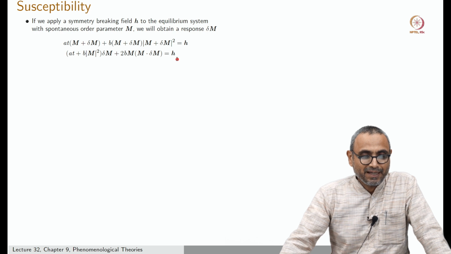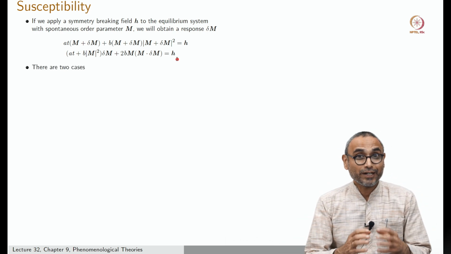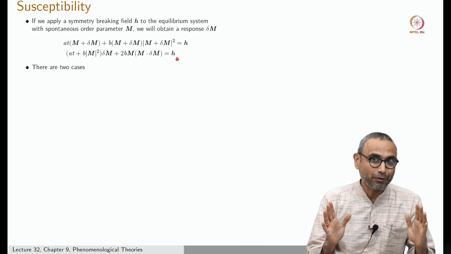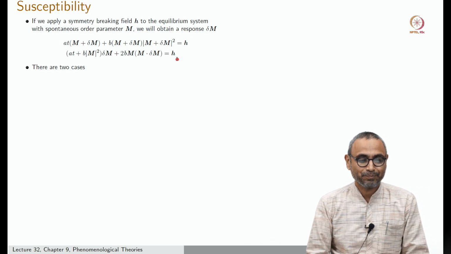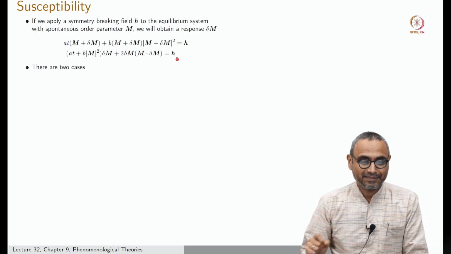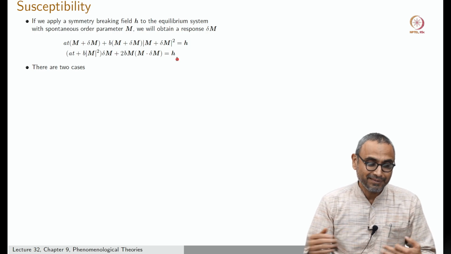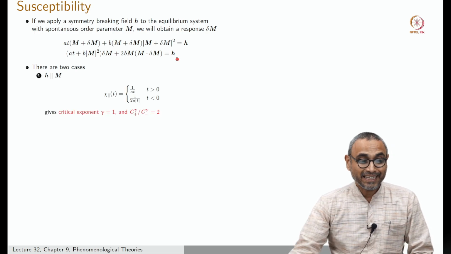Now I will point out that the story from here onwards is somewhat different from what happens in the usual Ising model. There are two cases here. Imagine that you have a system with spontaneous magnetization m. Then there are two things you can do.